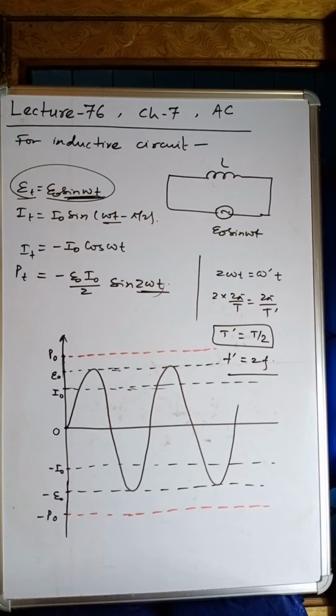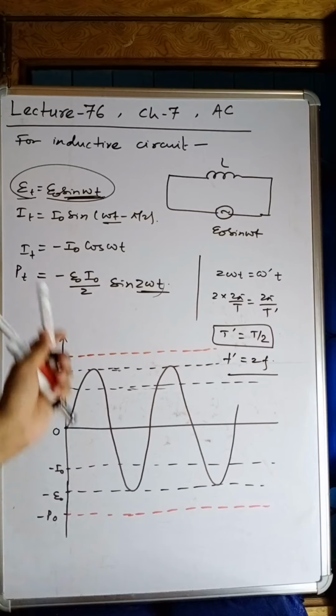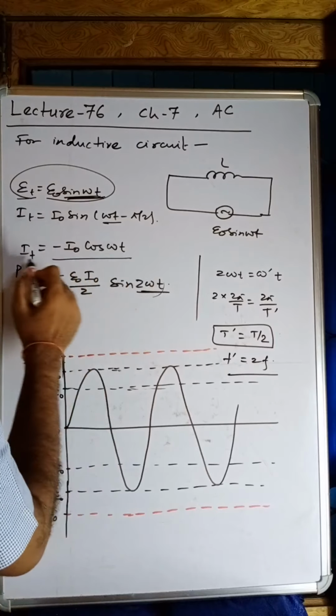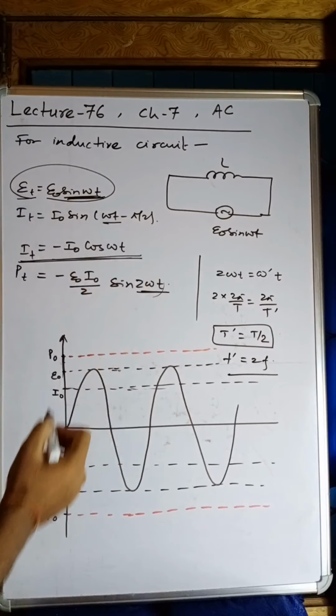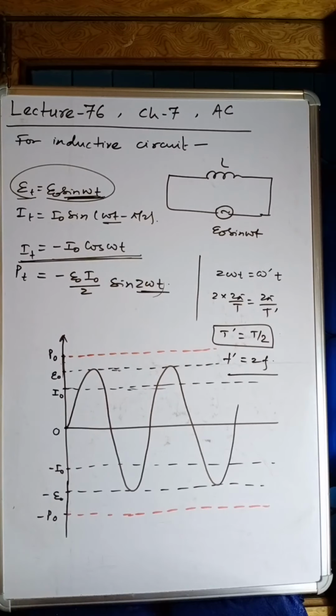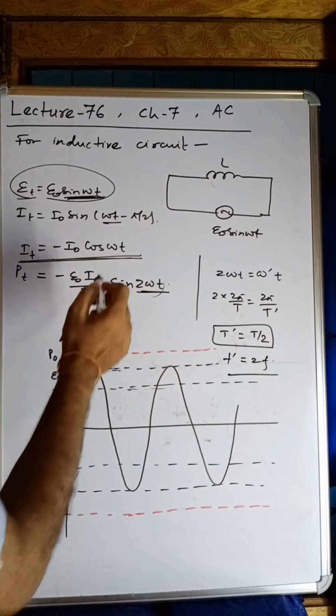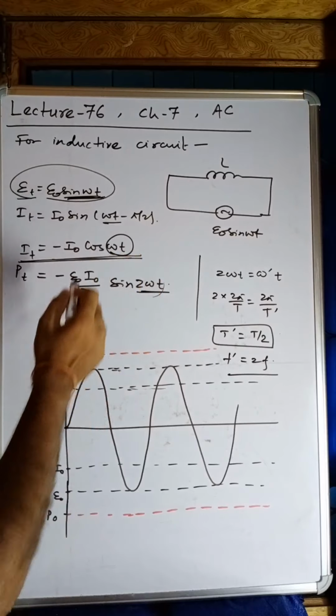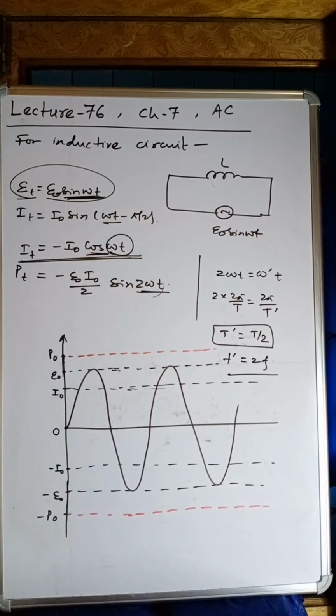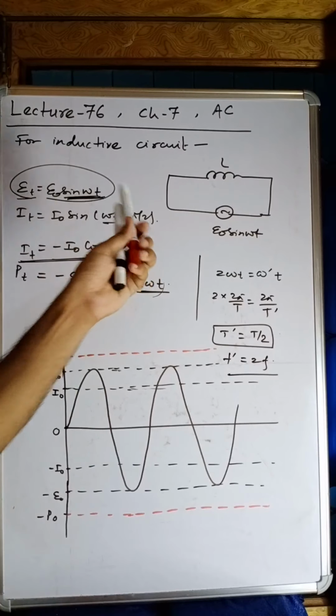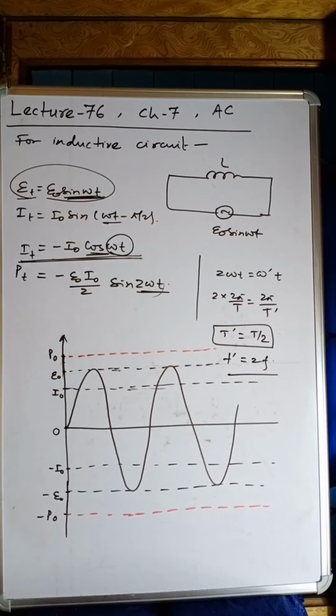Now the next graph is for the current. So the current graph, you can see here, my dear students, from this equation, the current graph starts from negative with the same frequency but of cosine. Not exactly the same phase, it is omega t minus pi by 2, but the frequency is the same.